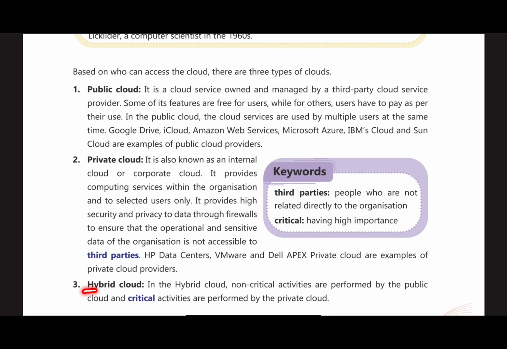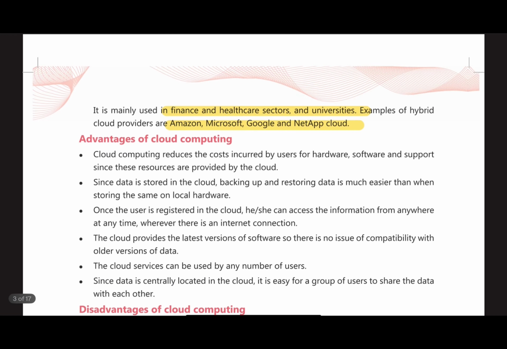So that's why it is called a hybrid, based on the condition or the critical activities performed by the private cloud. If I am dealing with sensitive data, then I will go for the private one. Understood? So who uses this?